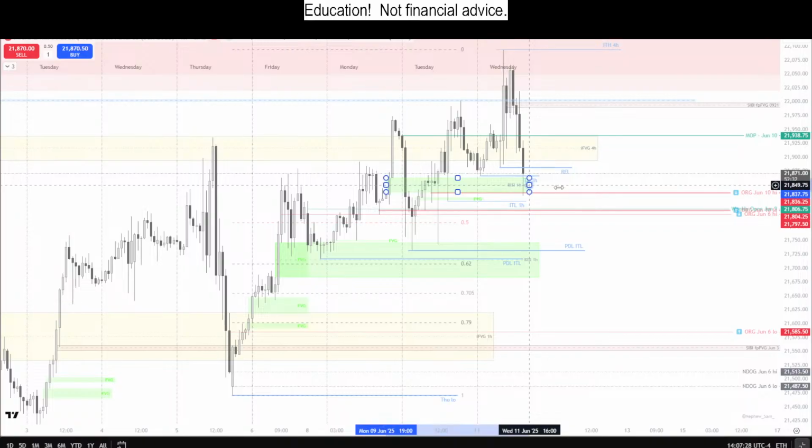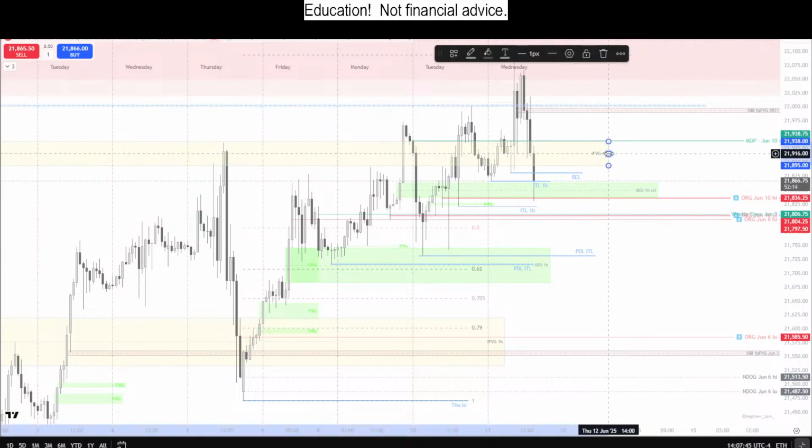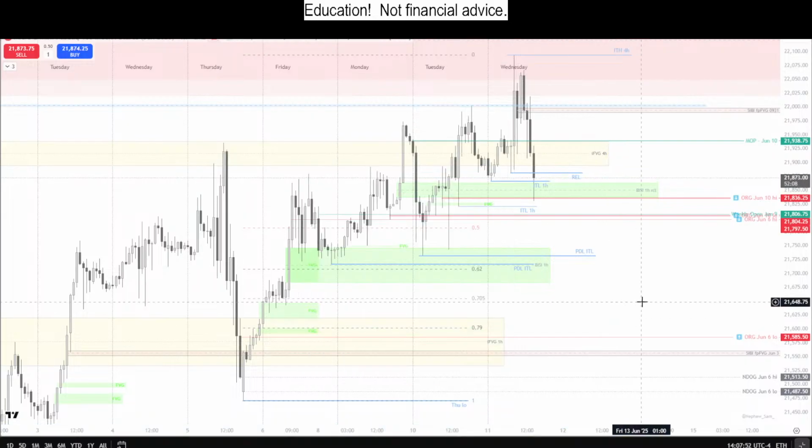But on its own, that's not enough for us to decide that. Now, this is a bullish inversion 4 hour fair value gap. We just started a new 4 hour candle, so I guess it's too soon to take that off. But I am going to move it up so it's only visible on the hourlies.